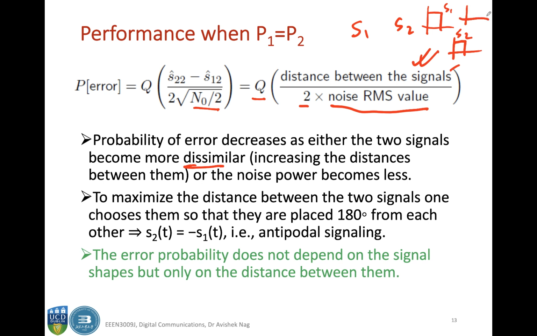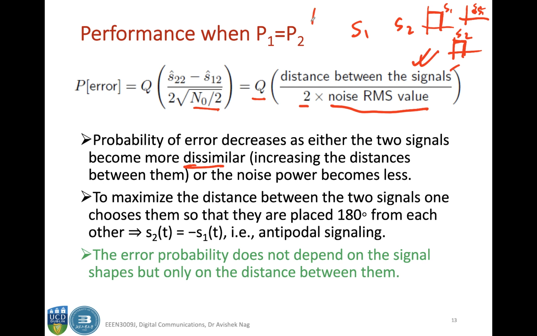If you plot these two signals, it will be the same point, because they are exactly similar. So the distance between S1 and S2 is 0 if they are exactly similar, and this distance increases if the signals look different.